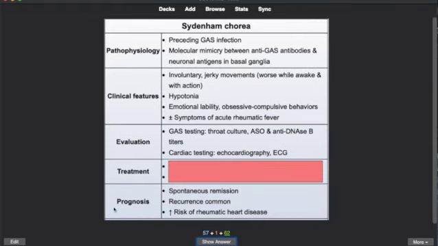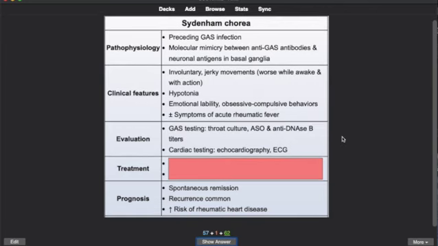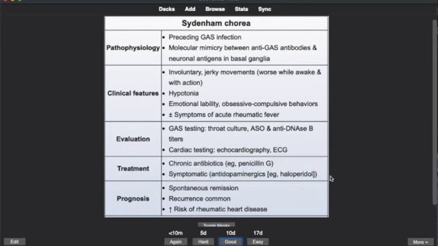Sydenham chorea. So I love these things. When you take a photo of stuff from UWorld, it's fantastic. Treatment for this. Haloperidol, because you're trying to deal with the psychosis, some of the strange behaviors, and antibiotics. Yep.